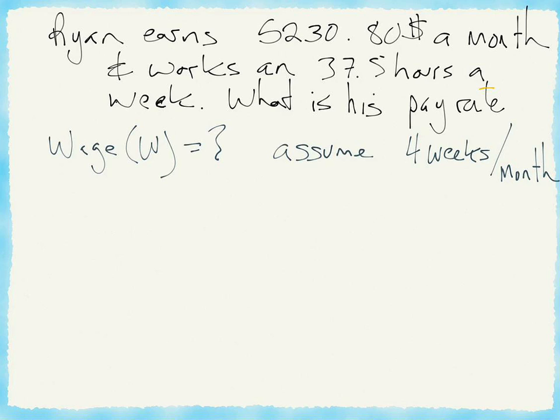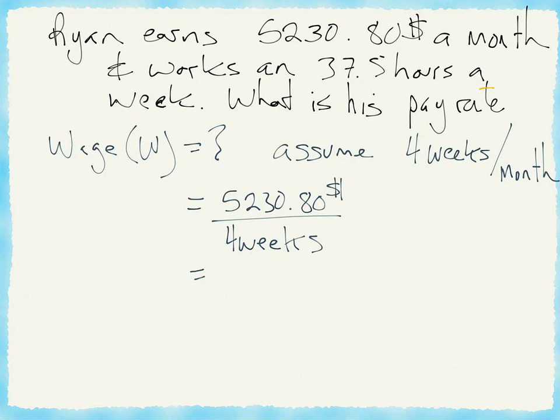So our first step is to take the 5230.80, and then we want to divide it by the number of weeks. So we're going to say, okay, let's say 4 weeks. And this will tell us how much he makes in a week, because usually it'll be easier to calculate an hourly rate per week.